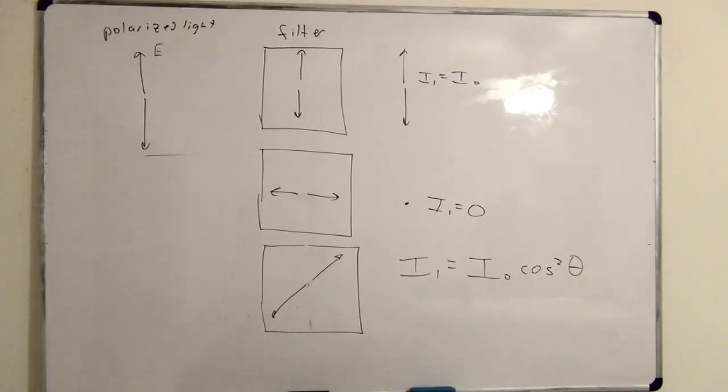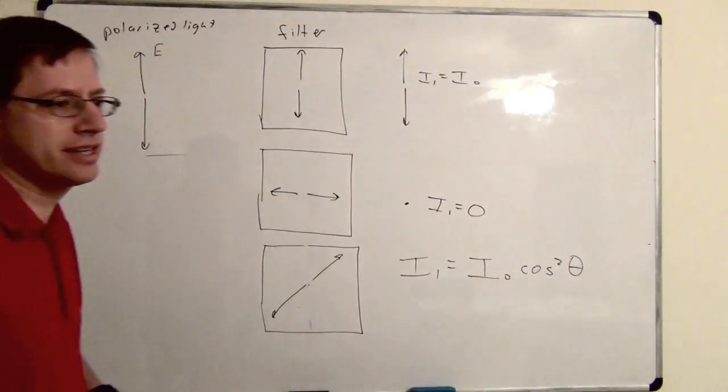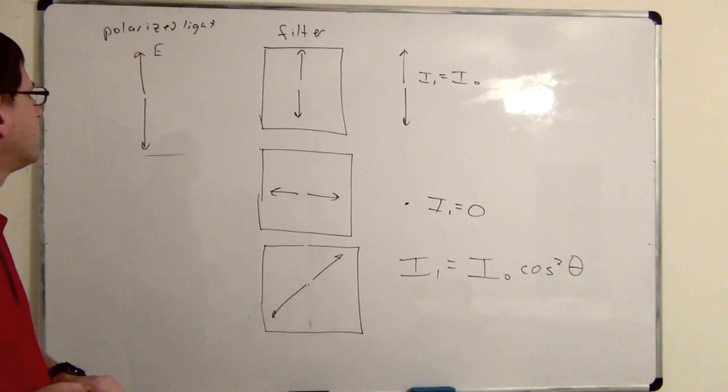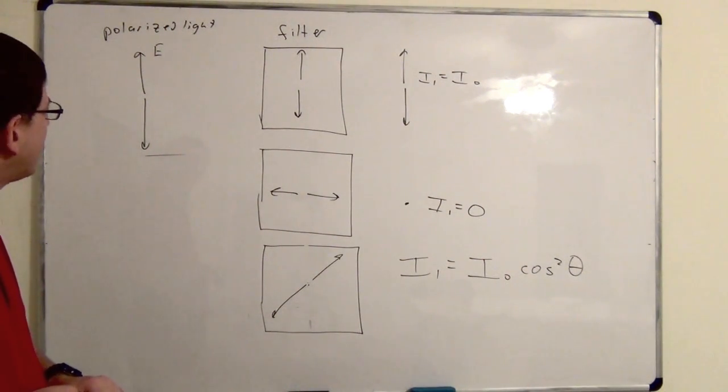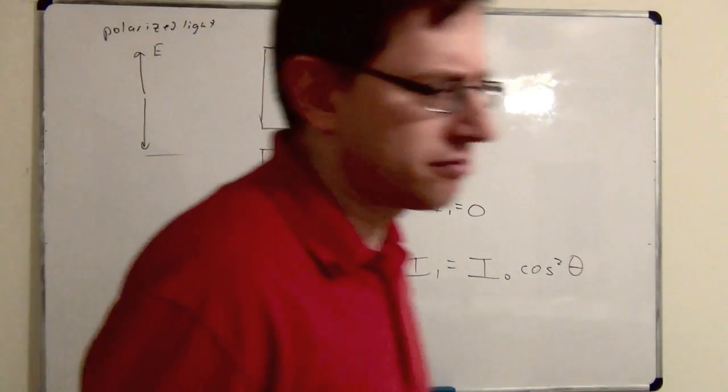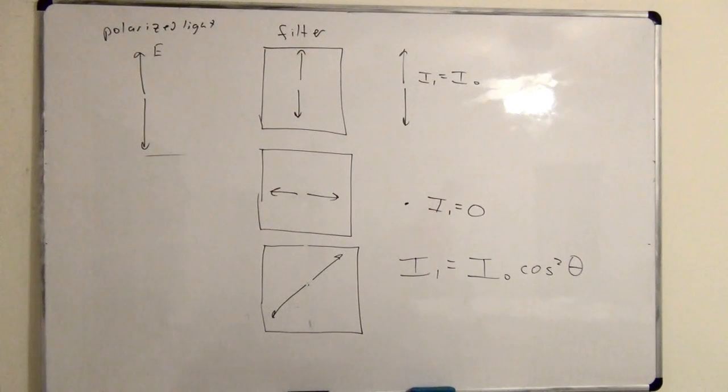Theta is the angle between the polarization direction of the light and the polarization direction of the axis. The axis is the axis of the polarizer, and the light is oscillating up, down. So what's the angle between those directions?